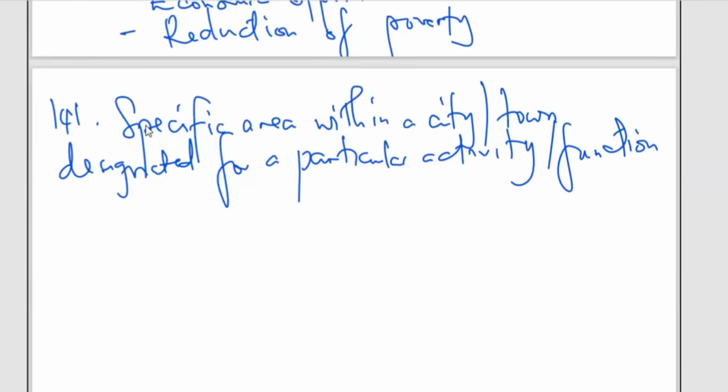For example, we talk of residential areas. Residential areas are meant to accommodate the urban dwellers, and they come in different dimensions in terms of levels of income. We talk of high income areas, middle income, and low income areas. That is with land use zones of residential.